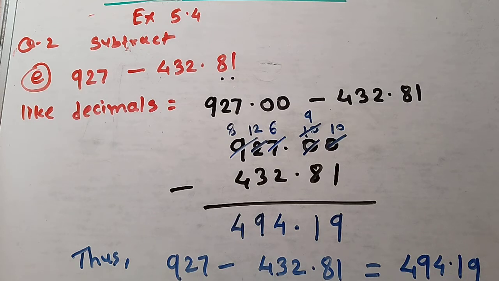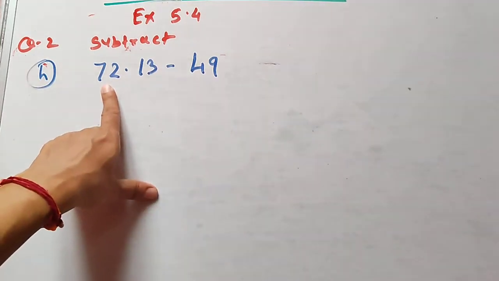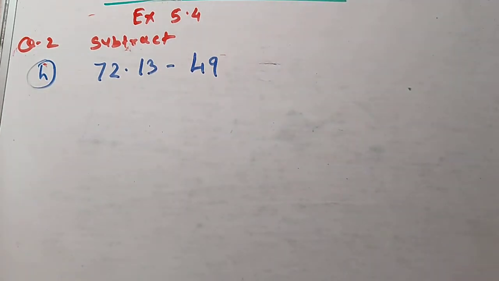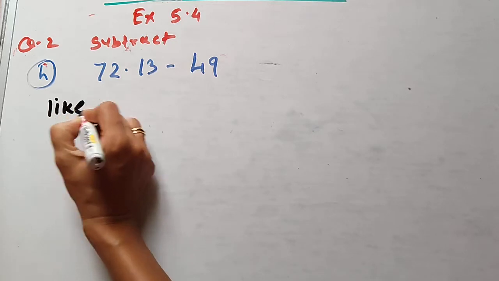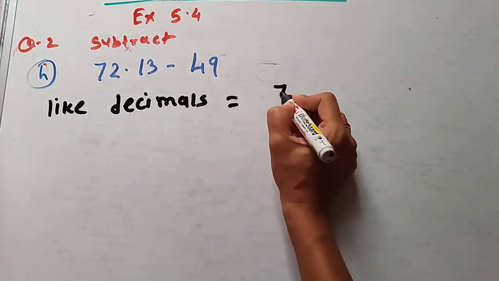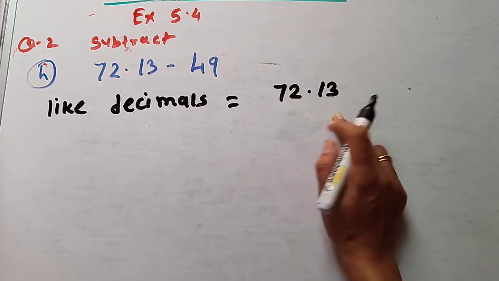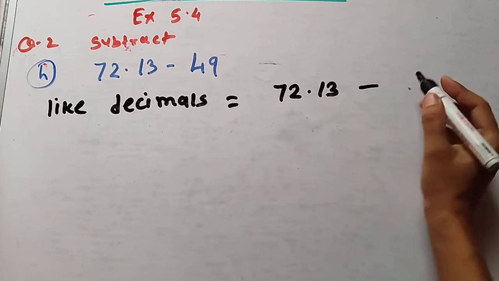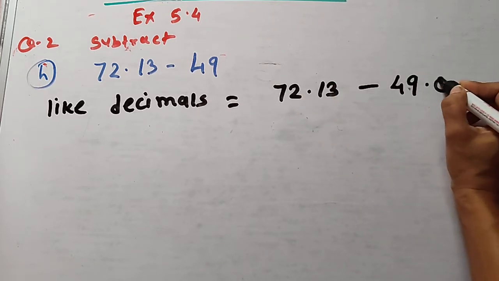Okay, so this is question number E. Now see in this question, H number, your question is 72.13 minus 49. So first step again the same, you have to make like decimals. So write like decimals: 72.13. After the decimal point how many digits? 2 digits. Here there is no decimal point, so you have to add a decimal point and put 00.